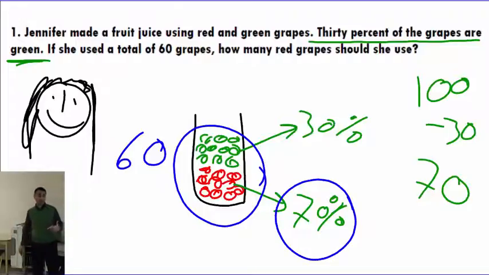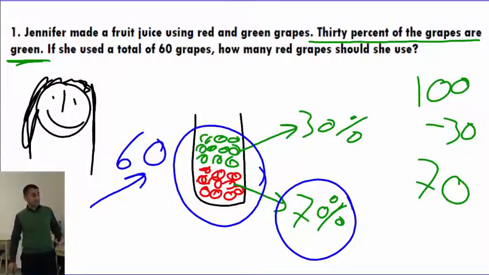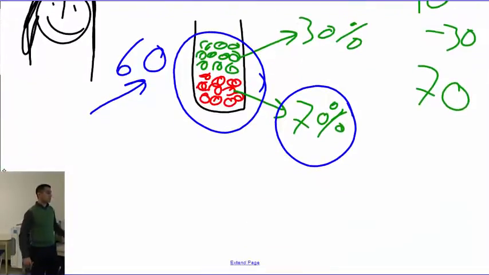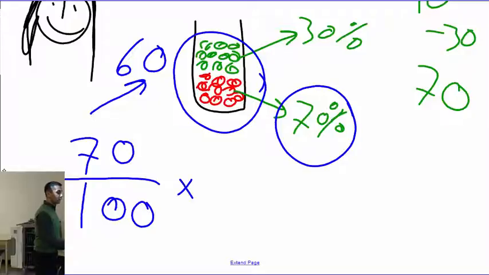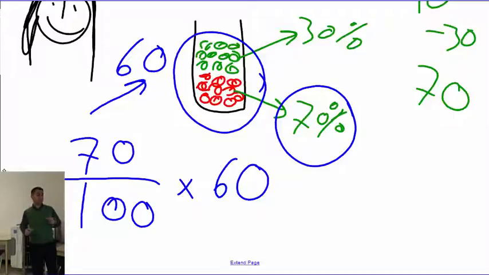So all I have to do, the whole, everything here is 60. And the question is actually asking me the percentage, 70%. So I just have to calculate that. So let's do that. What is 70% of whole 60? So that's the multiplication, right? Everything is given to me and the piece is being asked.